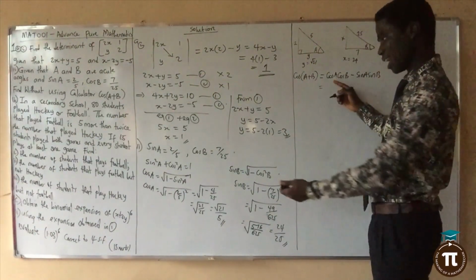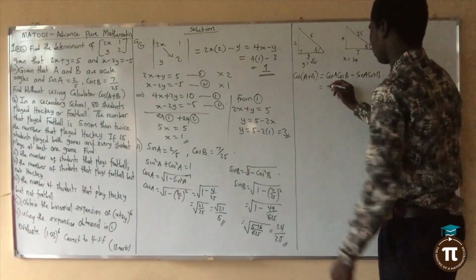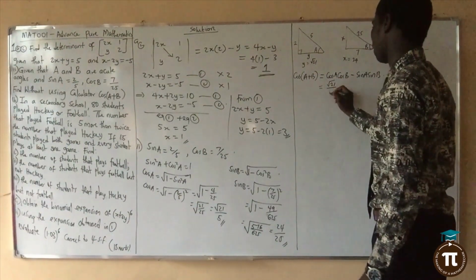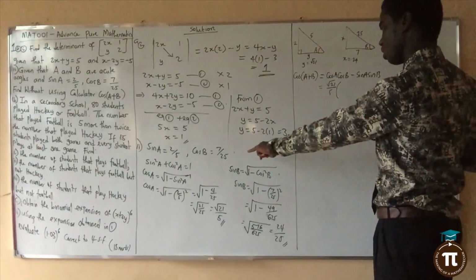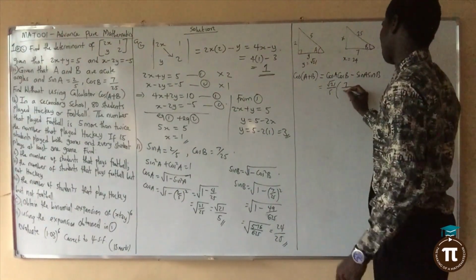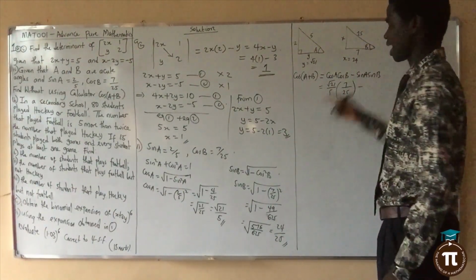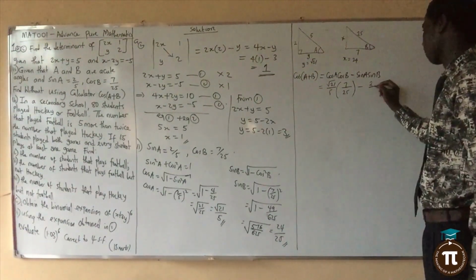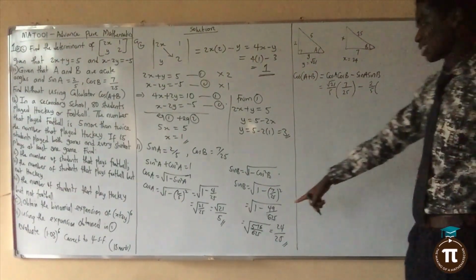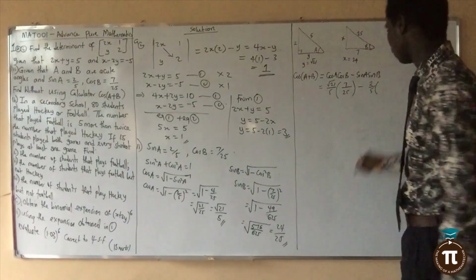So cos A is square root of 21 over 5, multiplied by cos B. Cos B is 7 over 25, minus sin A. Sin A is 2 over 5, multiplied by sin B. Sin B is 24 over 25.